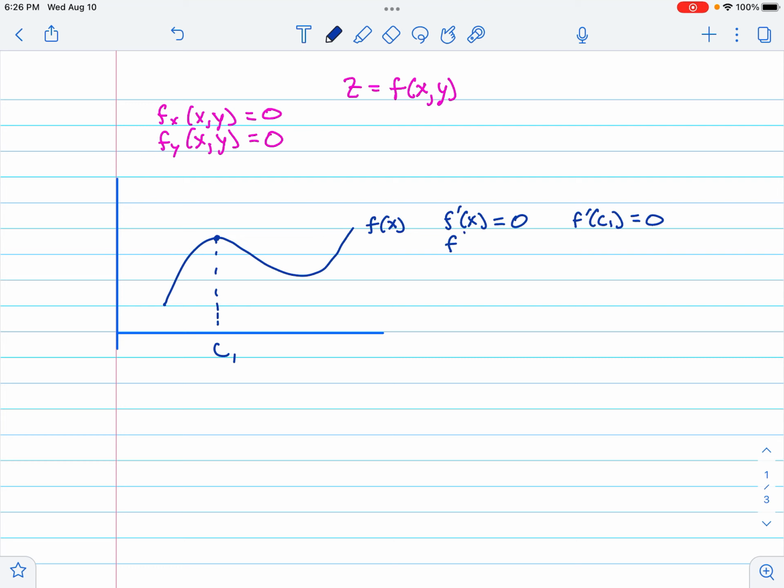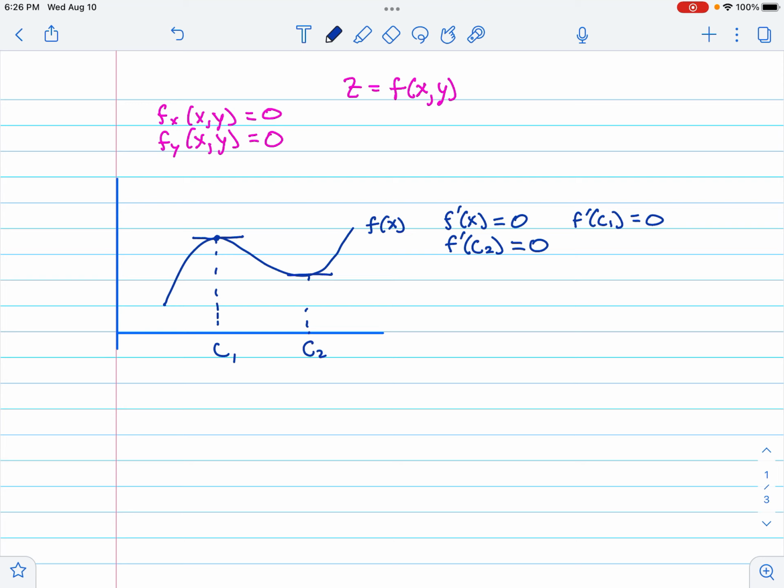And we would say, okay, also f prime of c2 is equal to 0 as well. In other words, we would identify the values that will give us a derivative of 0. And the idea is that that's where the slope of the tangent is 0. So f prime of c1, the derivative is 0 there. In other words, the slope of the tangent is 0. That means you have a max or a min.